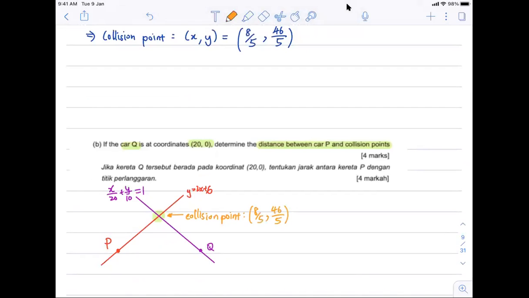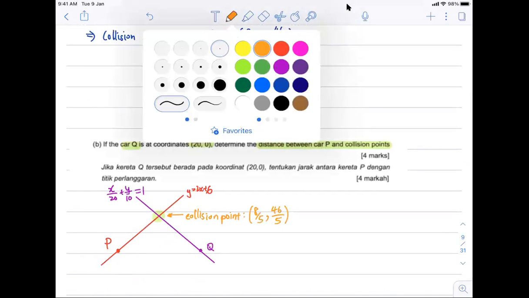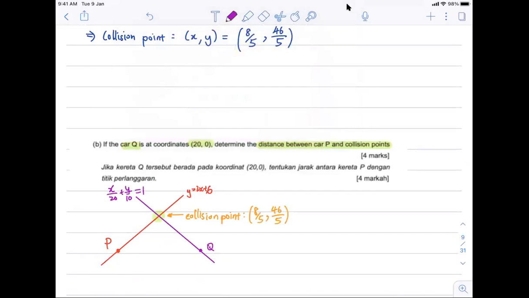And then the question also tells us the car Q coordinate is 20, 0. Okay, so what the question wants us to find is actually this one. Distance between P and the collision point. So the question wants us to find this distance P.